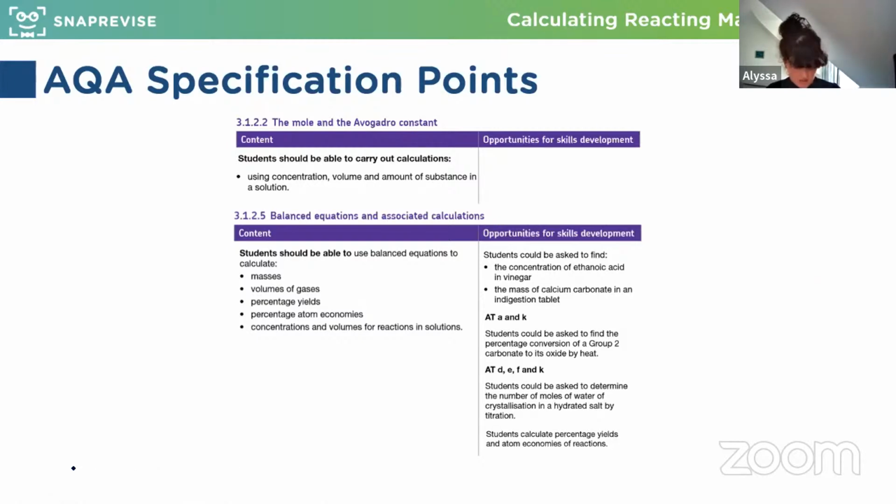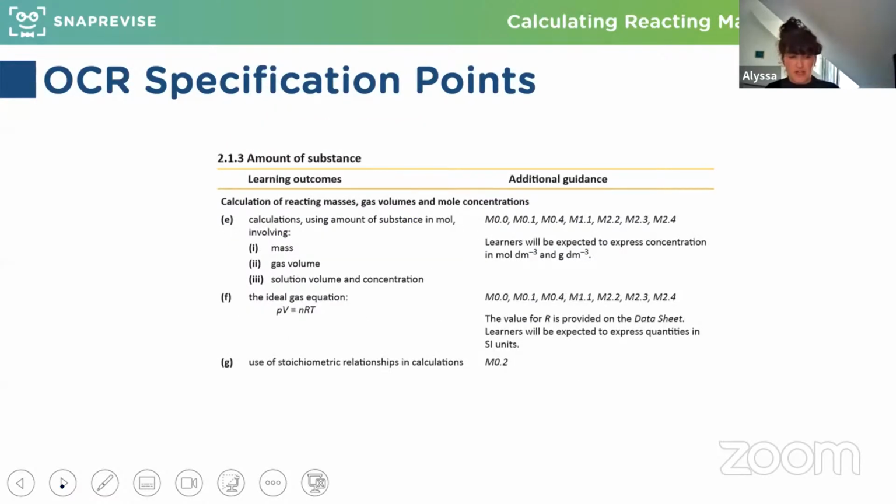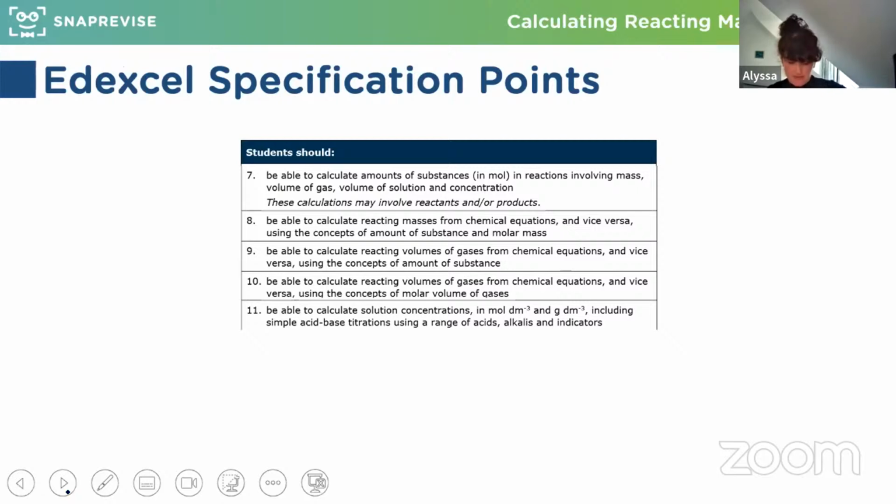These are the specification points for AQA, these are the specification points for OCR, apart from ideal gas, and this is Edexcel. Again, we're not going to be looking at ideal gas, so not those points. Oh, my pen's being funny again.